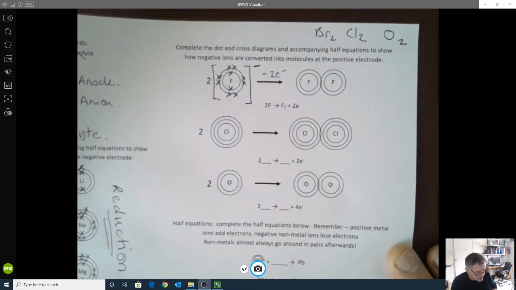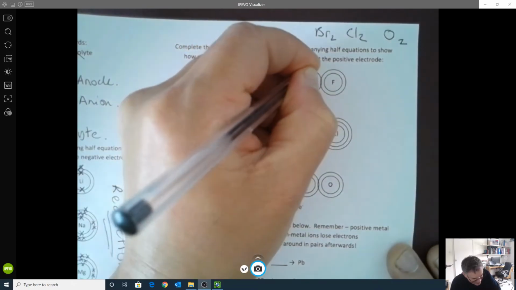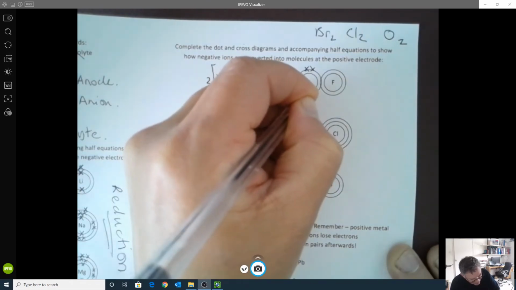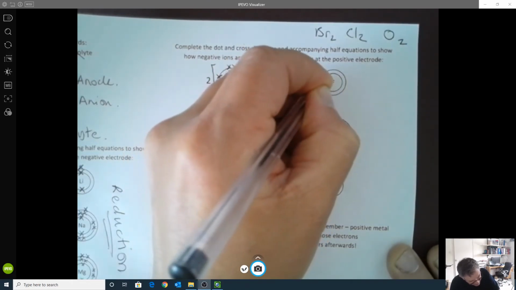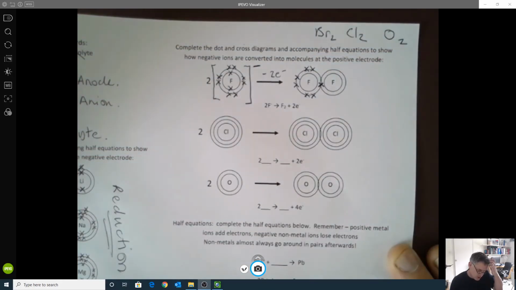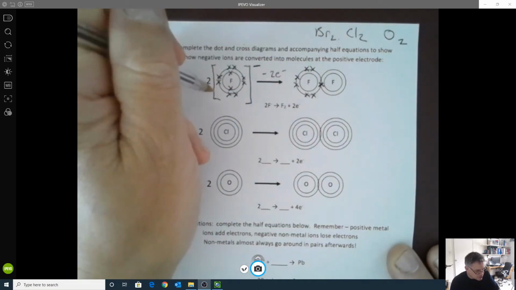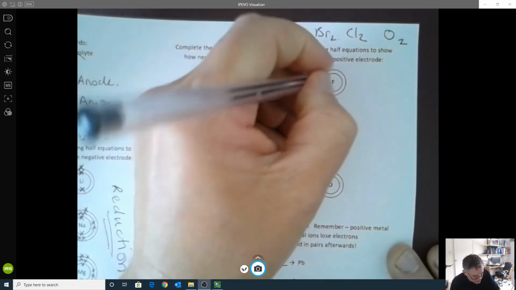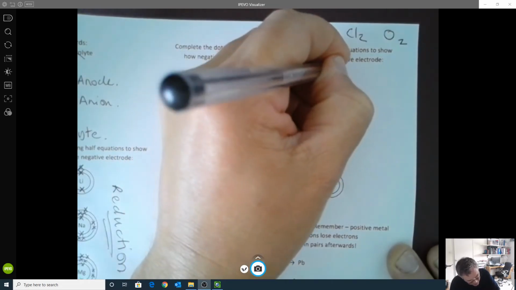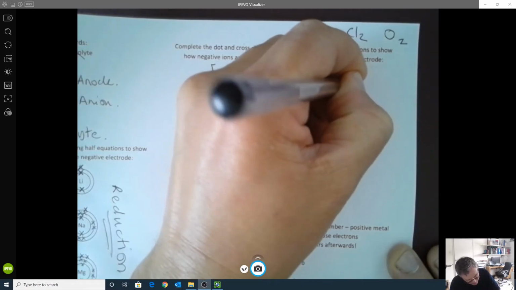So each fluorine loses 1 electron, and it will have 7 electrons in its outer shell. But it covalently bonds to a second fluorine. So this fluorine also has 7 electrons in its outer shell.